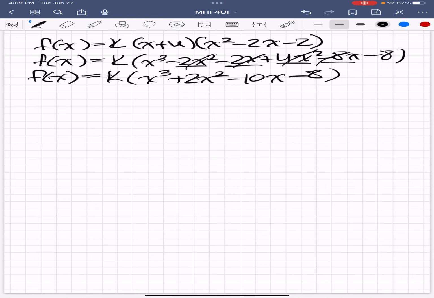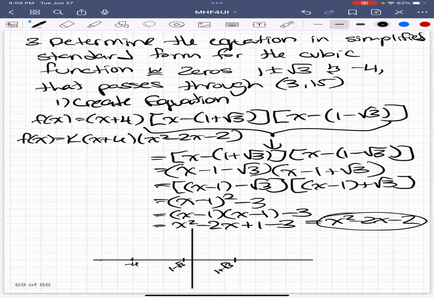So there's our cubic function, and our point is (3, 15), so x is 3 and y is 15.